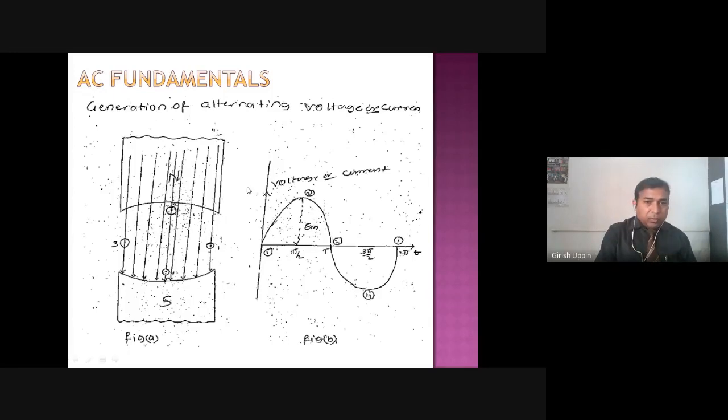On the left hand side, this is the north pole and this is the south pole. Just imagine we have the north and south poles like this, and we have a conductor placed like this.